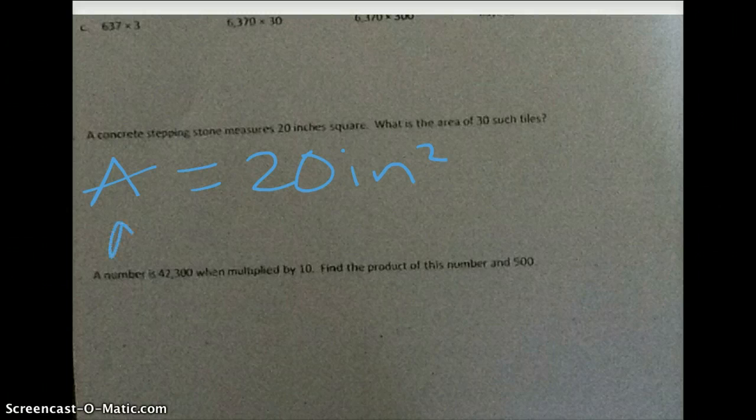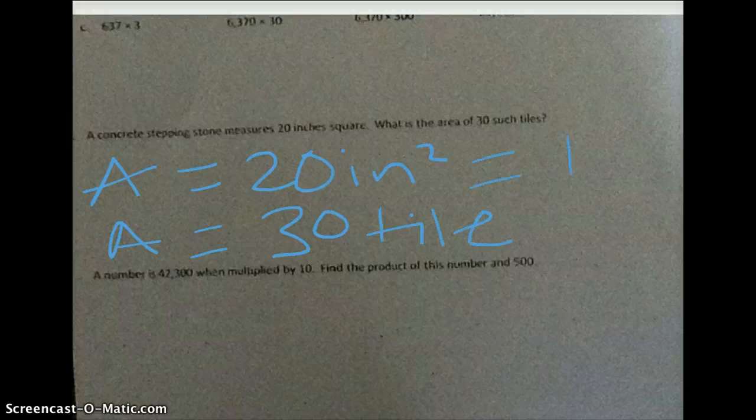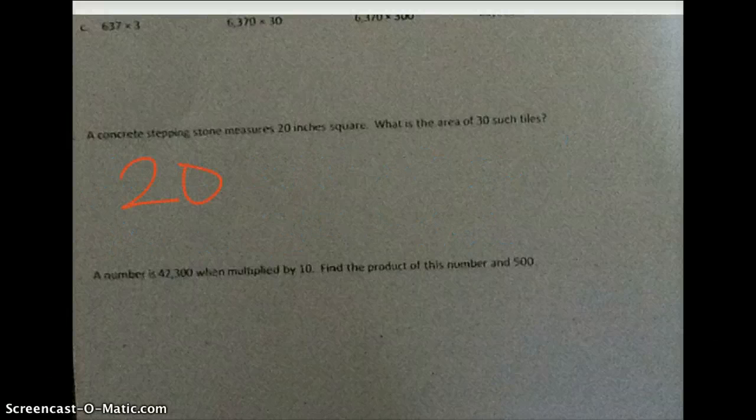What would be the area of 30 tiles? Well, we know one tile is 20 inches squared. What are we going to need to do? We need to take the number of inches, which is one tile, multiply it by 30 tiles to get our answer. And make sure you know it's in inches squared, because it's the total area of 30 tiles.